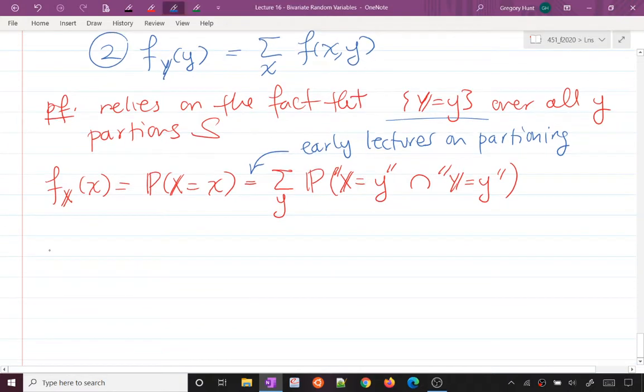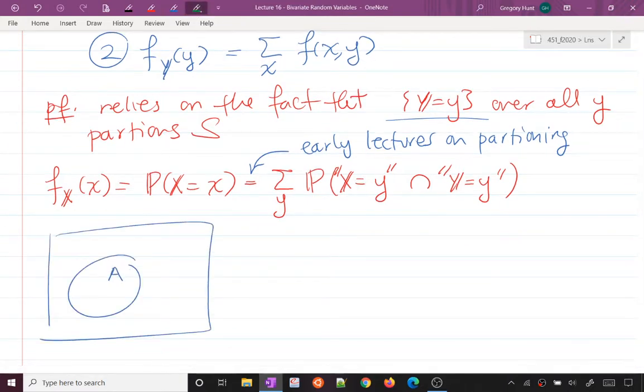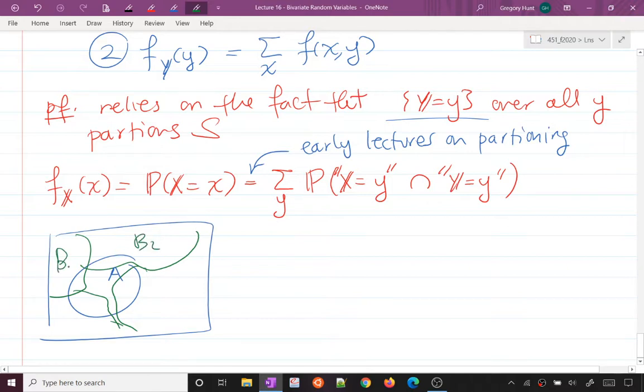The picture we did there was like this, where A was my event, and then I had some partition B sub i, B1, B2, B3. And that's the same thing we're using here. This is the probability of, whoops, that should be X is little x, and Y is little y.